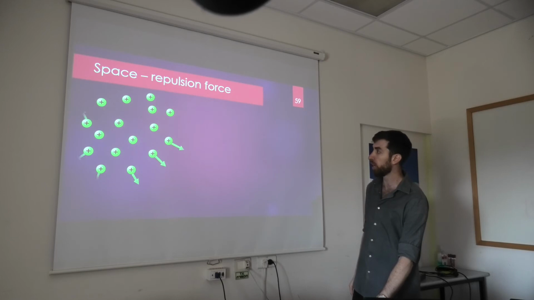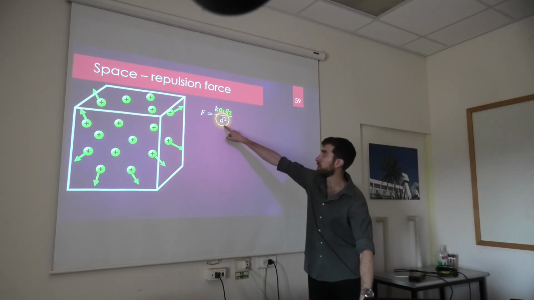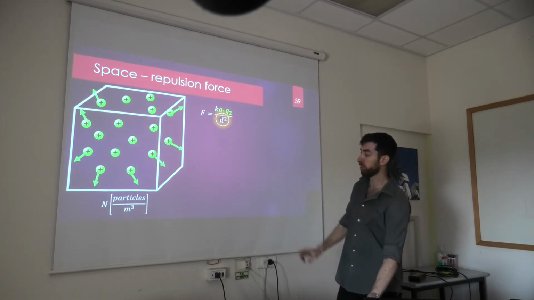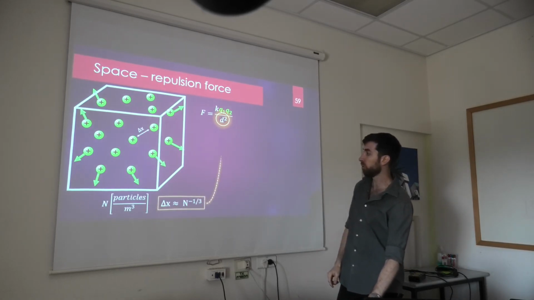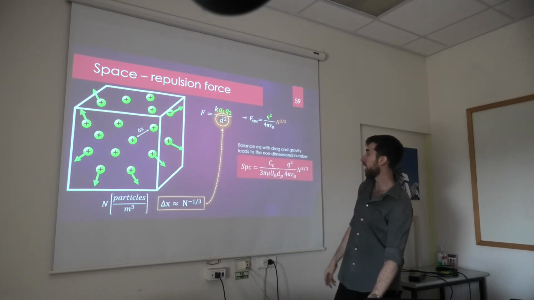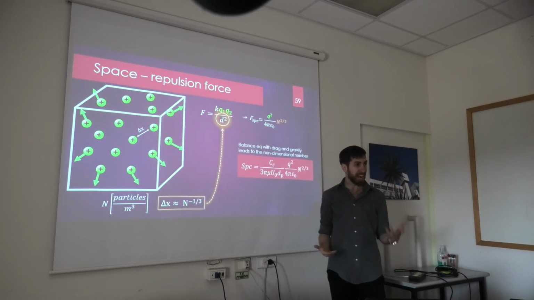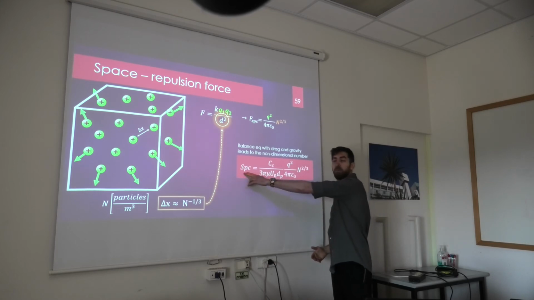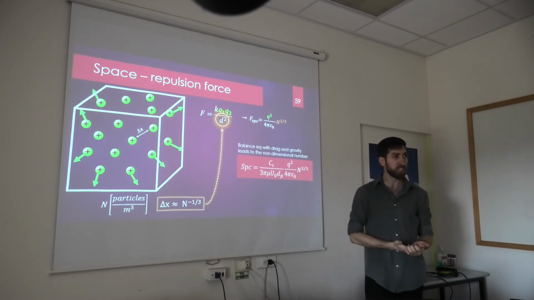So we're actually going to look at the concentration of the particles in order to understand what is the distance between them. So from the concentration, we can get the mean distance between them, put it in the equation, and do the same force analysis, and get this number, which actually tells us how much this effect plays.